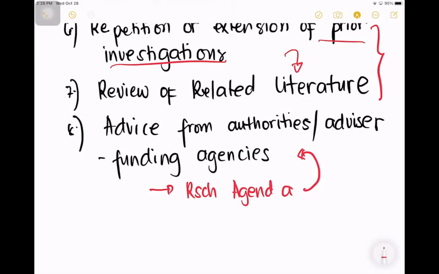So once you connect with these funding agencies, you already have that topic. It would not be difficult for you because all these funding agencies have existing research agenda that they use as their priority topics. All right, so there you have it, class.